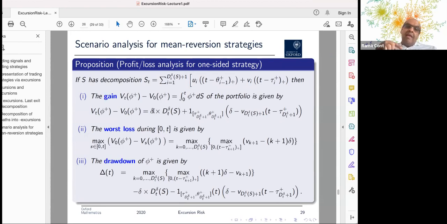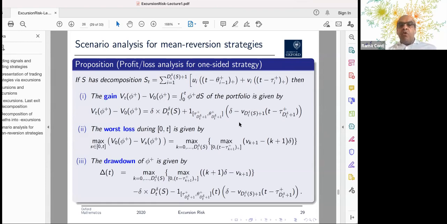Remember that every time I do a trade cycle, I go from 0 to delta and back to 0, I make exactly delta, because I short at delta and I buy back at 0, so I make exactly the difference. So the first term says that if you have done d_delta trade cycles, each time you make delta, the realized profit is delta times d_delta. This is very simple. If I just count the number of terms in the decomposition, I get the first term.